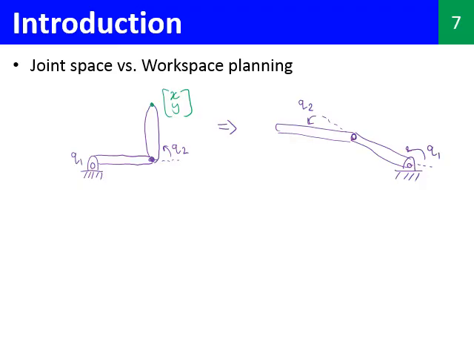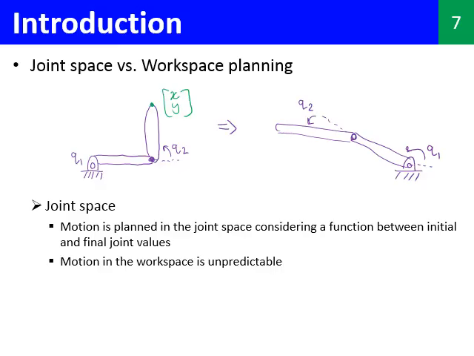Okay. So in joint space trajectory planning, we plan the manipulator motion considering how the joint variables are changed. And when we do that, the motion in the workspace would be unpredictable.